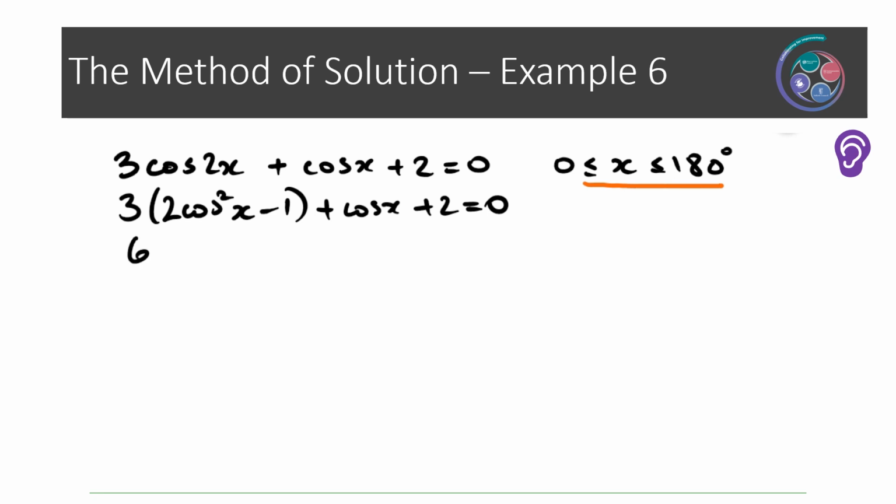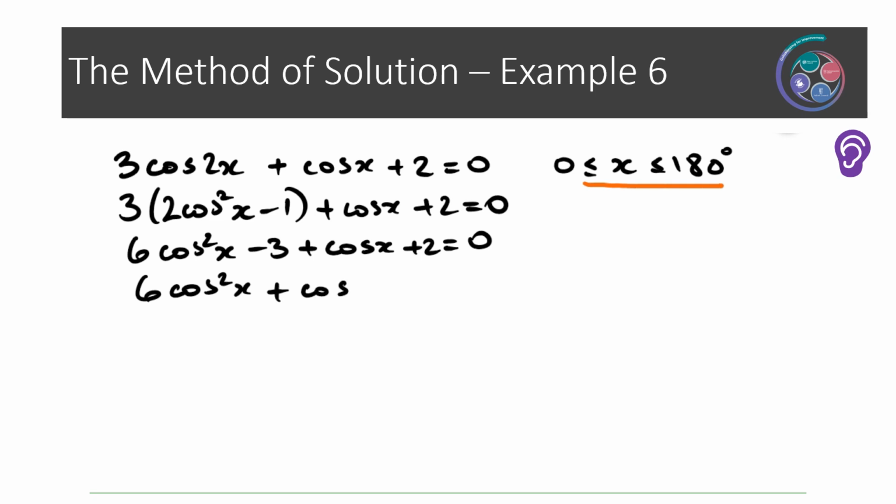We're going to remove the brackets there. 6 cos squared x minus 3 plus cos x plus 2 equals 0. And then we're going to tidy that up. 6 cos squared x plus cos x minus 1 is equal to 0.